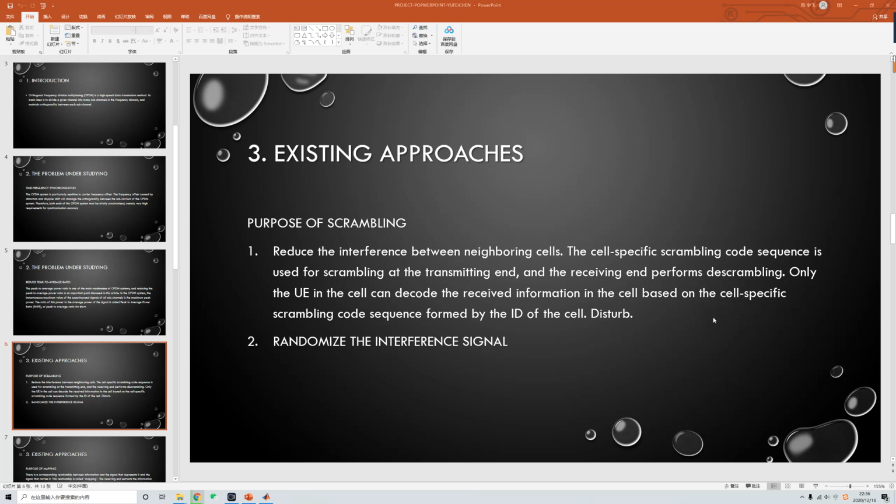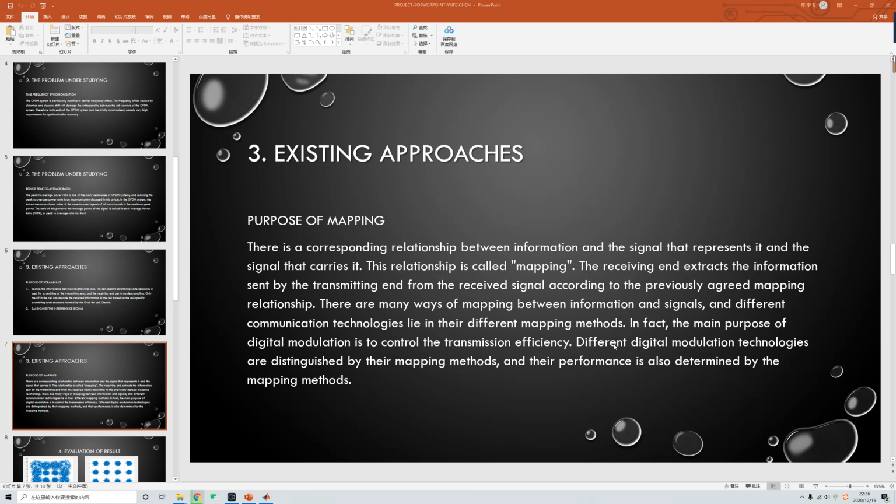Only the UE in the cell can decode the received information in the cell, based on the cell-specific scrambling code sequence formed by the ID of the cell. And also, it can randomize the interference signal.